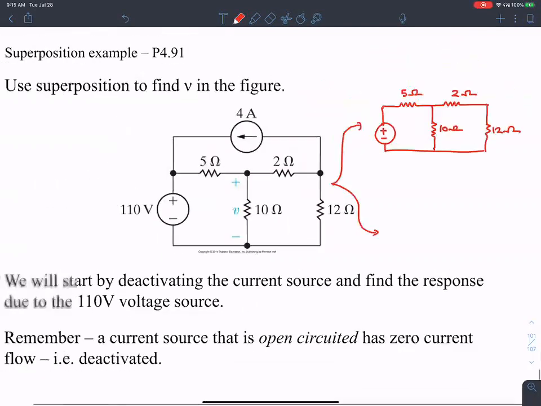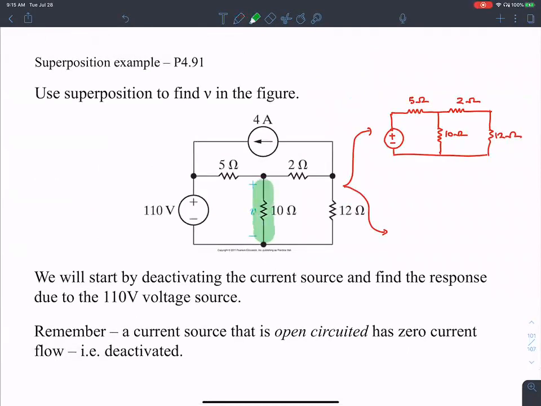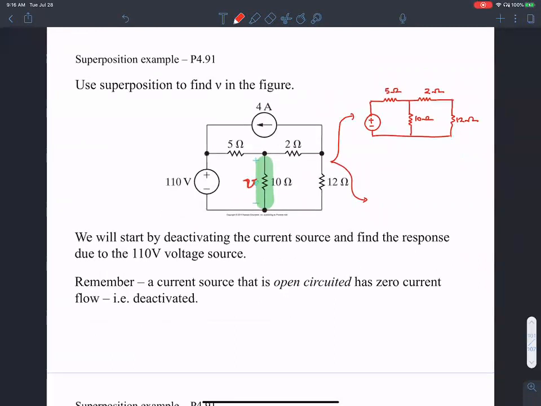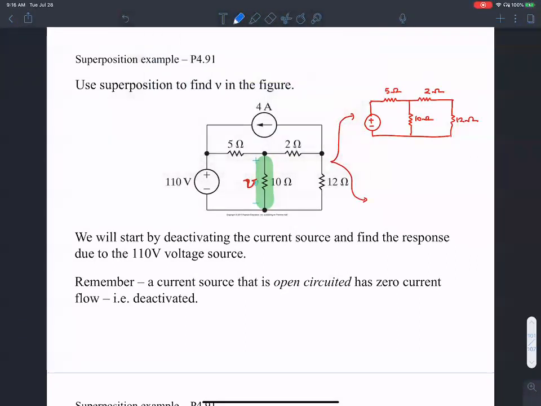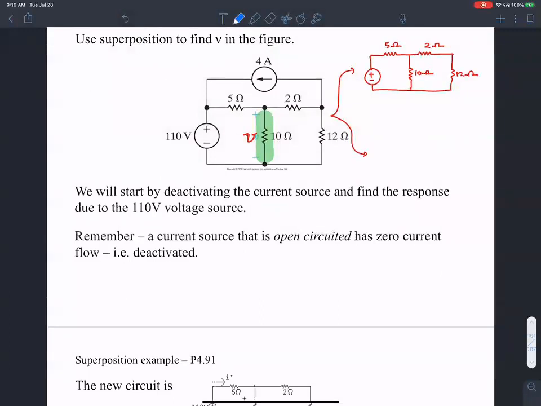Let's find the value V in here. I'm interested in calculating the voltage V. In order to calculate V, I'm going to simplify this circuit into two different circuits. In the second circuit, I'm going to leave the current source intact, but deactivate the voltage source.